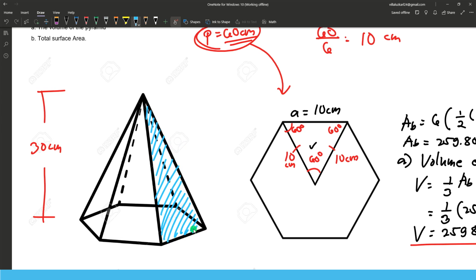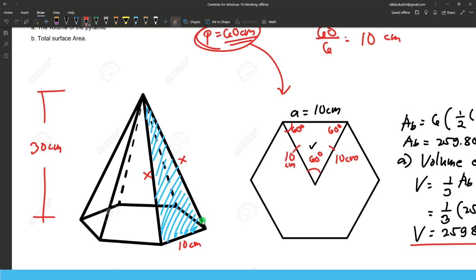So how can we determine this area here? The triangle formed here is an isosceles triangle where we have two sides equal, and this side is 10.